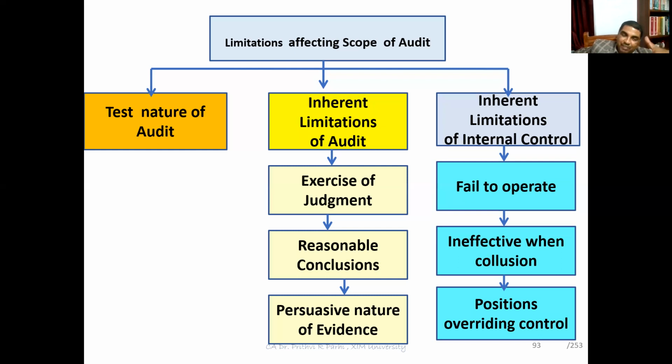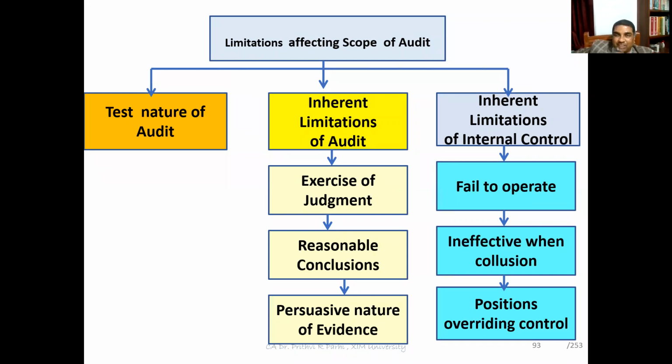And again, the evidences which are collected by the auditor are persuasive in nature. That way, they persuade the auditor to believe that the transaction is true. But they are not conclusive. Persuasive, not conclusive. One cannot conclude that the transaction is actually genuine. To conclude that, one has to investigate.